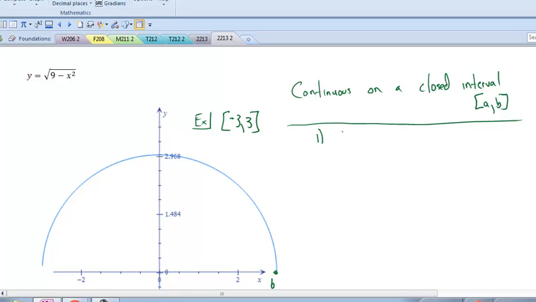So instead, we say the following. Again, we need f to be continuous on AB.